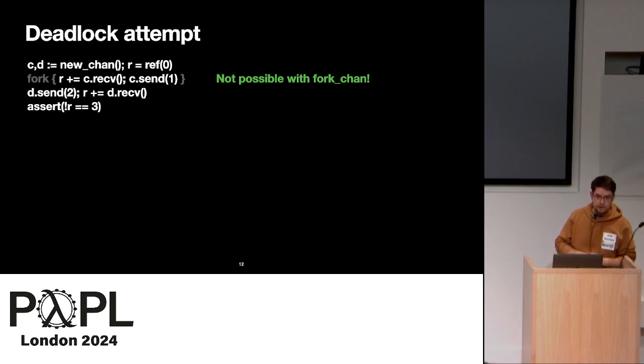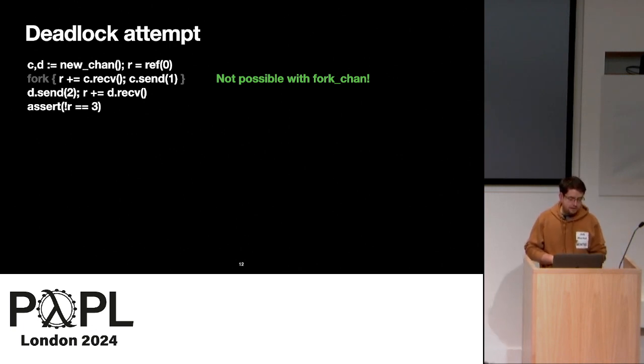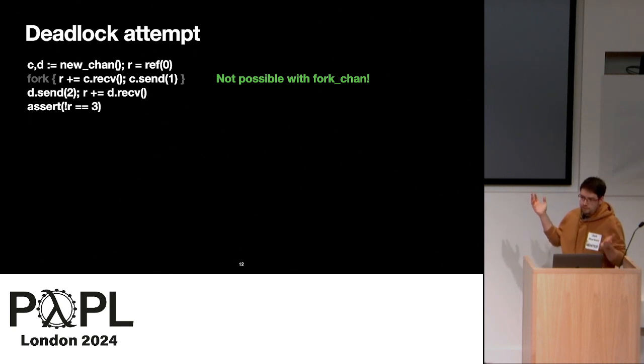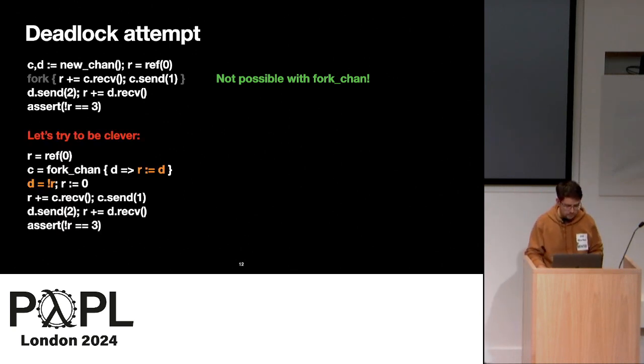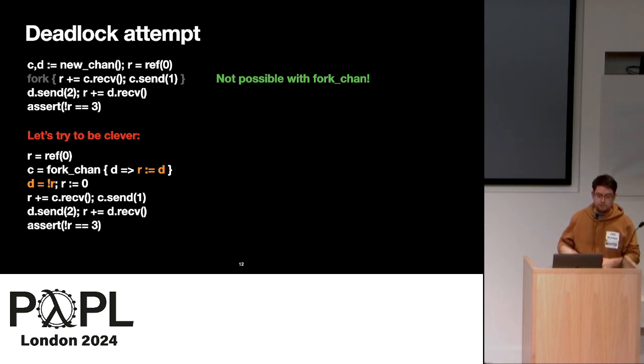What goes wrong if we try to verify our deadlocking program? Well, the thing here is we only have fork chan, so we cannot even obtain a channel without doing the fork. So this program, if you delete the fork, it's not going to work. We could try to be clever and use fork chan and somehow try to smuggle this channel out of the fork.